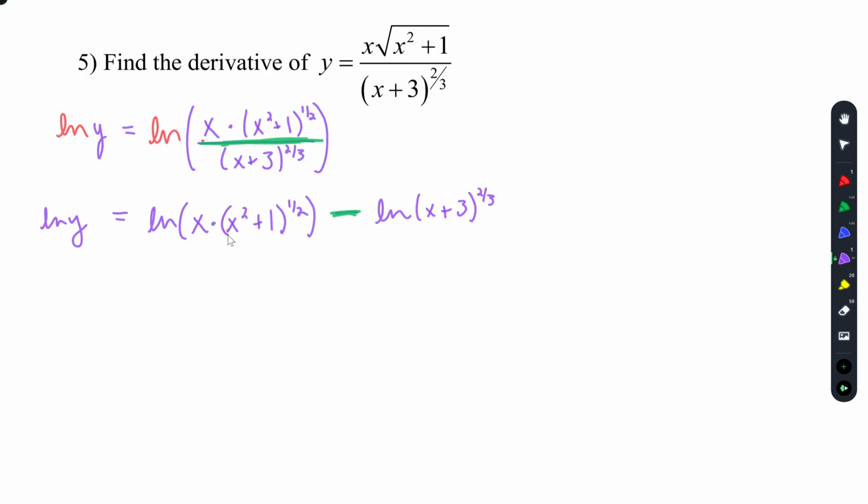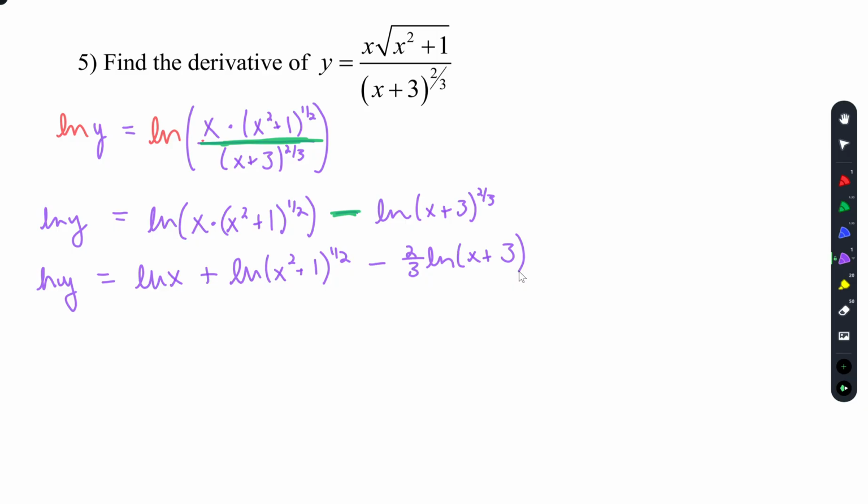Do you remember doing this last year? It was a scary problem. So you get natural log x plus natural log of x squared plus 1. And I'm showing a lot of work because it's your notes. But if you've got the brain to do all that in fewer steps, go for it. Just don't mess up.